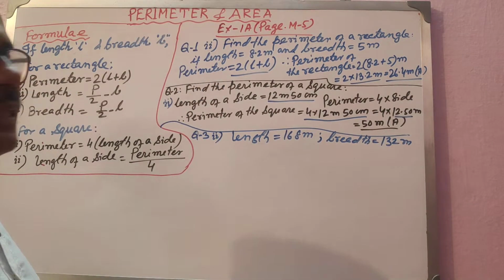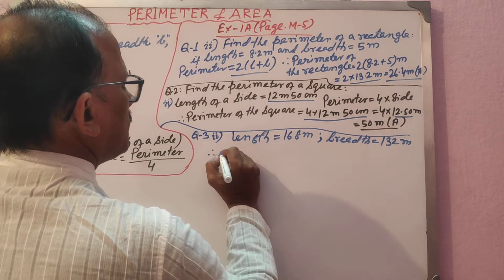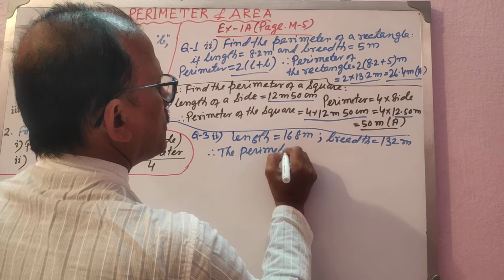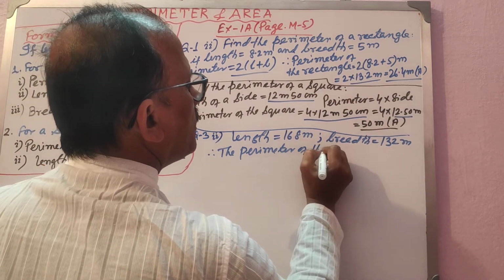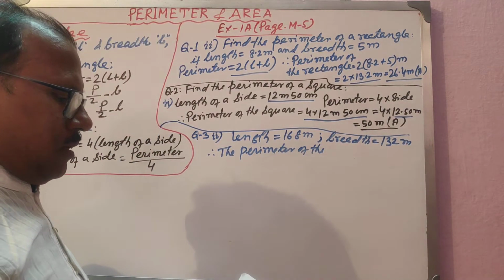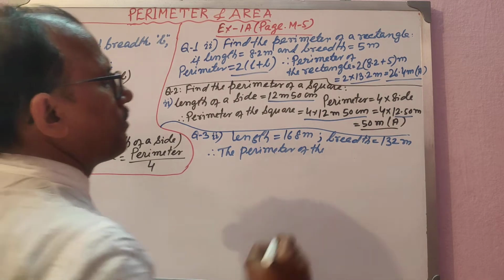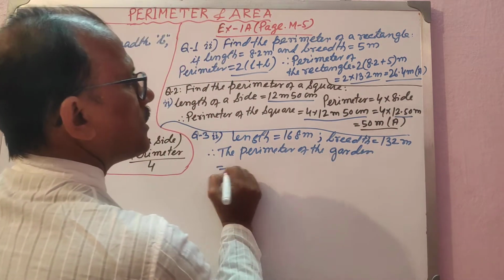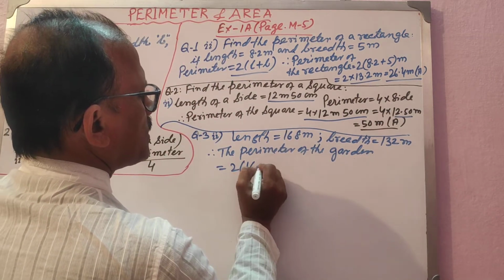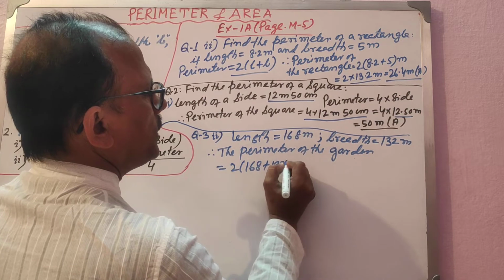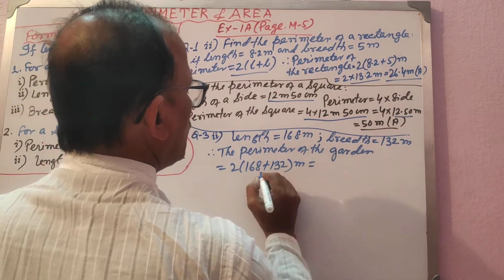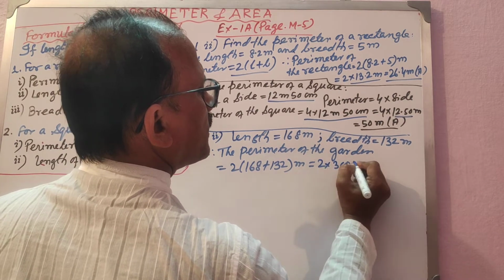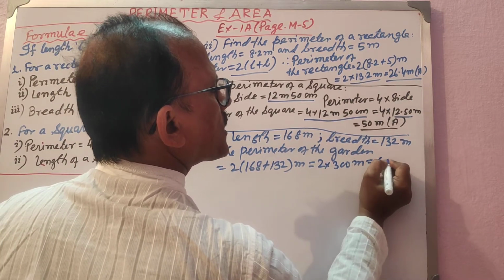Now, therefore, the perimeter of the field will be 2 into 168 plus 132 meter, that is equal to 2 into 300 meter, which is equal to 600 meter.